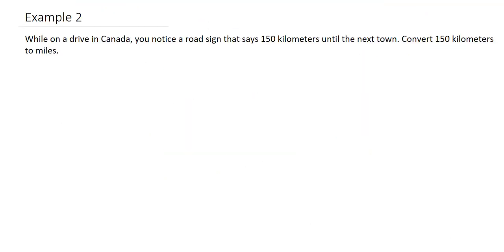So example 2. While on a drive in Canada, you notice a road sign that says 150 kilometers until the next town. Convert 150 kilometers to miles to put that in perspective if you're used to miles. So we're starting with 150 kilometers, and we need to get to miles.